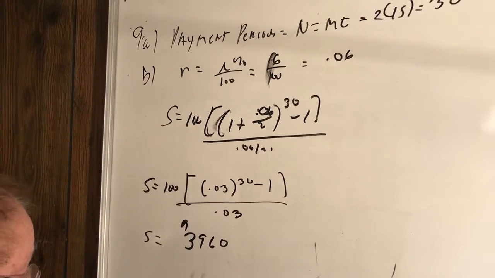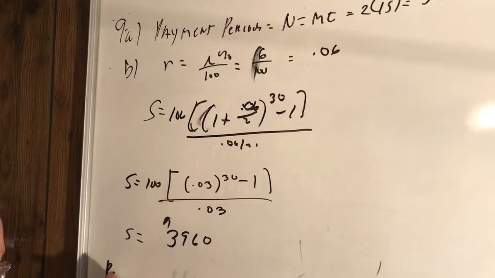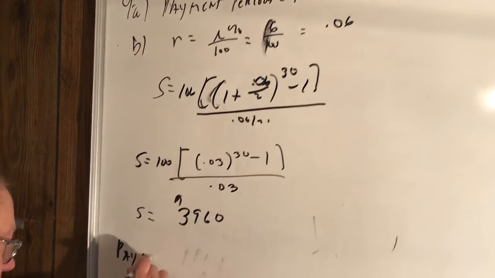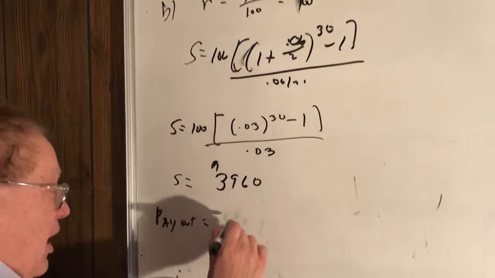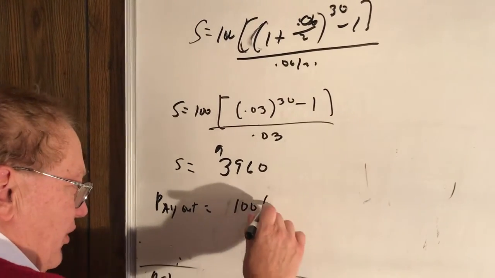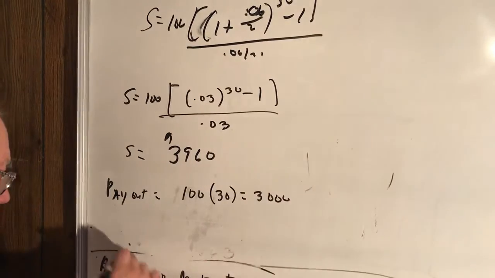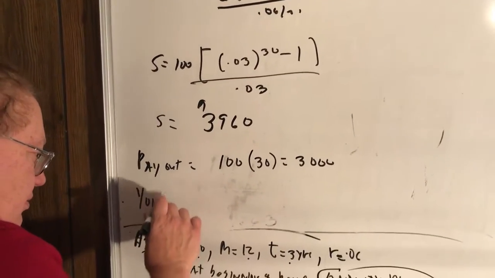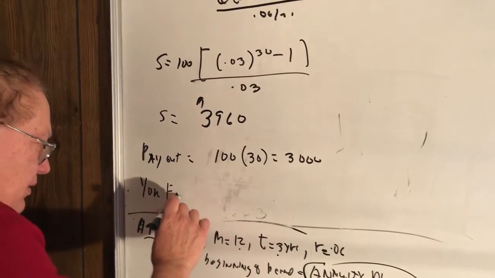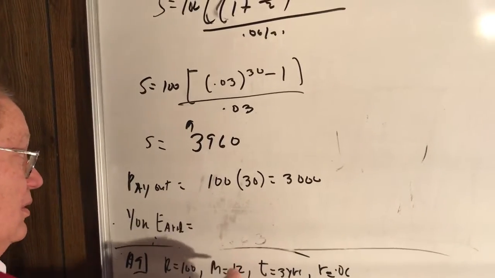So what did you put down? Well, let's see how much you paid out. Well, your payout was $100 times 30 periods, 3,000. So your earnings, you earned what?